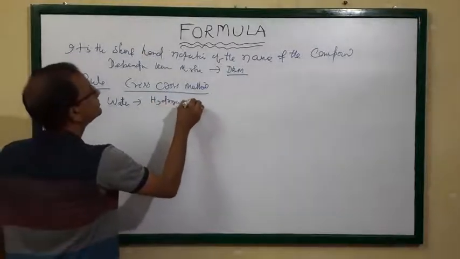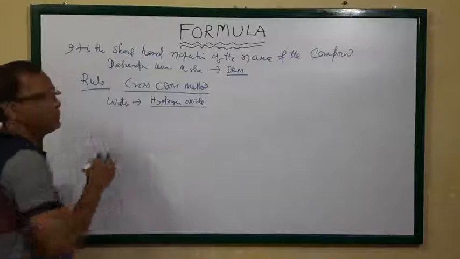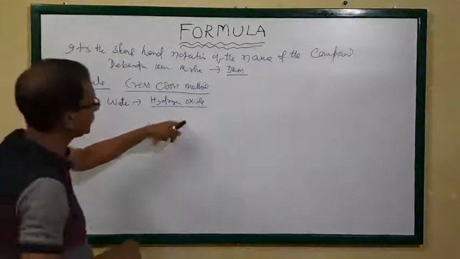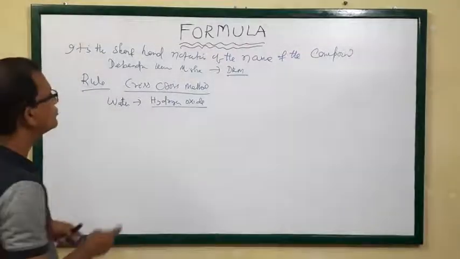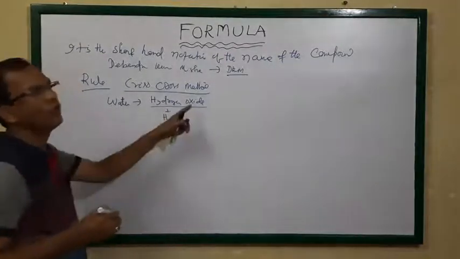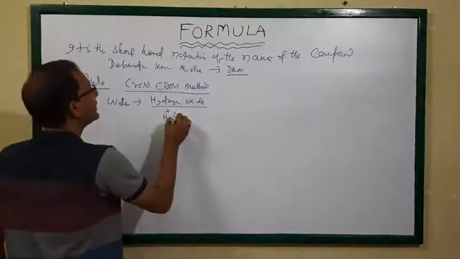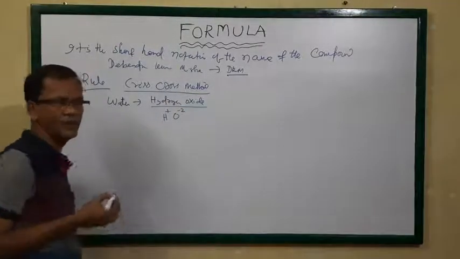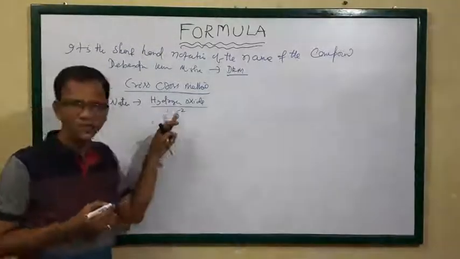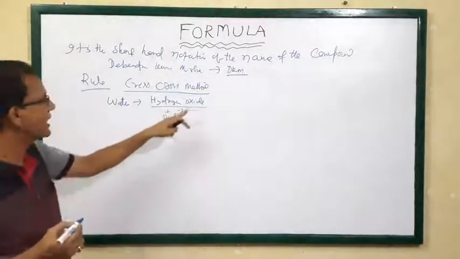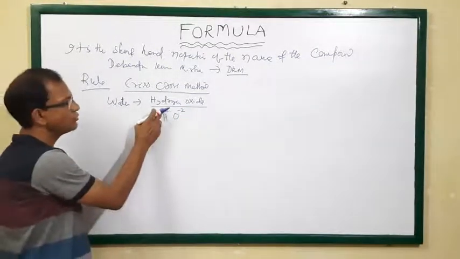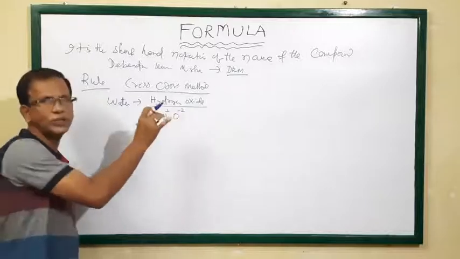If you write the formula of hydrogen oxide, hydrogen is written as H plus and oxide is written as O2 minus. So hydrogen's charge is plus, and oxide's charge is minus 2. That means the valency of hydrogen is 1 and the valency of oxygen is 2.